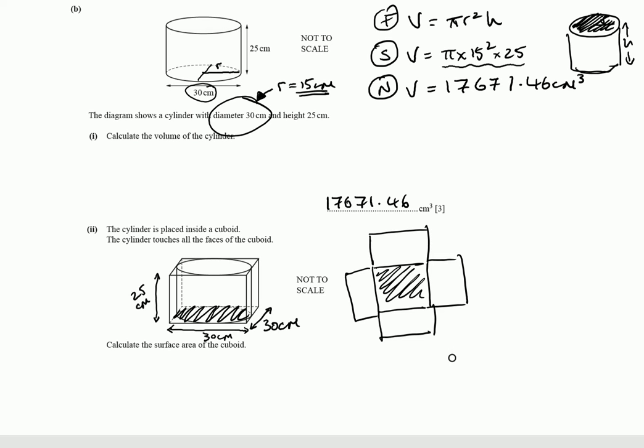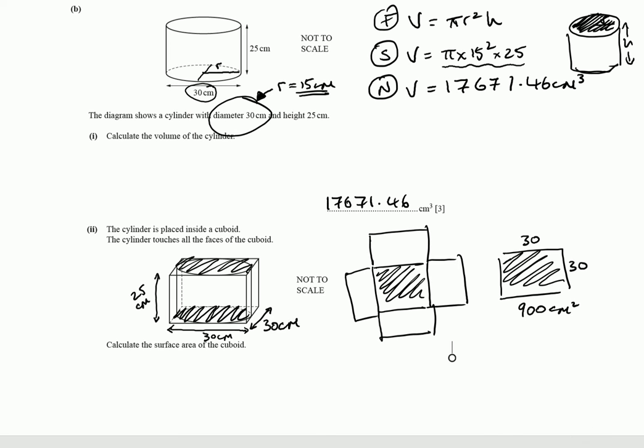There's a flap for each side, and then I'm going to put a lid on top over there. So there's my lid, like so. If we look at the measurements on the 3D diagram, we realize this is 30 and 30. So the area of this section is 30 times 30, which is 900 centimeters squared.